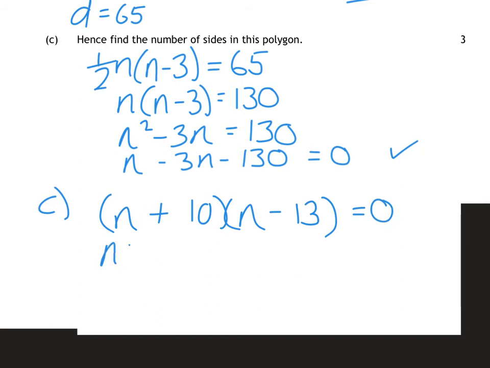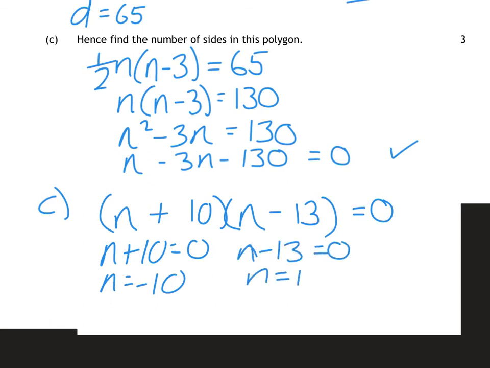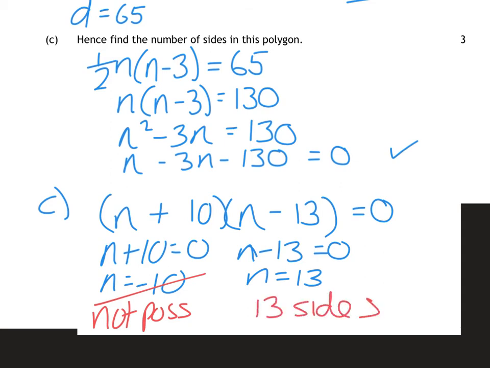So from there, n plus 10 equals 0, so n is minus 10. n minus 13 is 0, so n equals 13. Now n is a number of sides, right? You can't have a negative number of sides, so we score that one out and say it's not possible. So our final answer is how many sides on this polygon? It has 13 sides. So that was a 13-sided shape that had 65 diagonals. And that's what that question was.